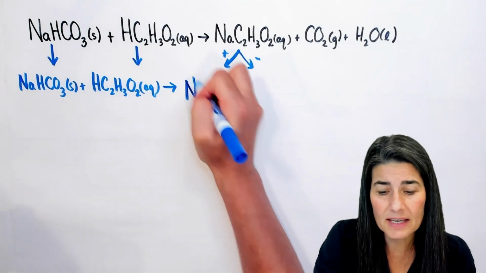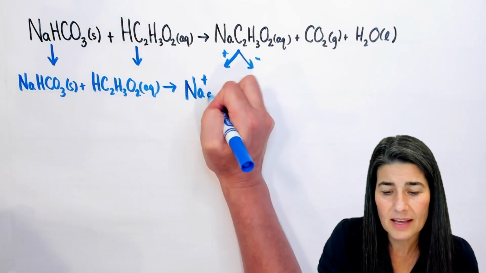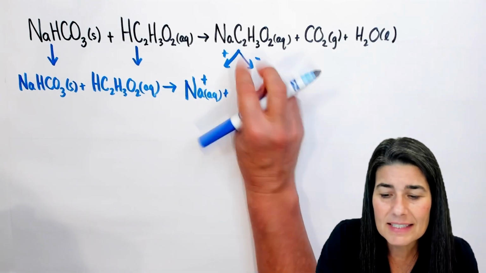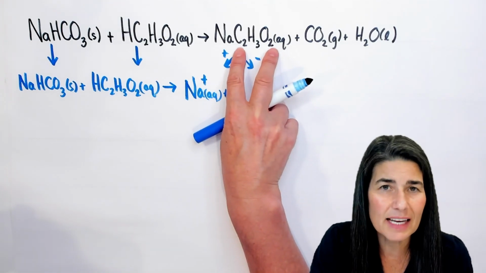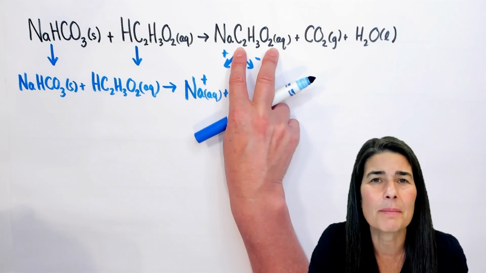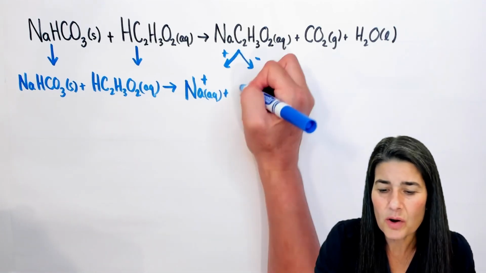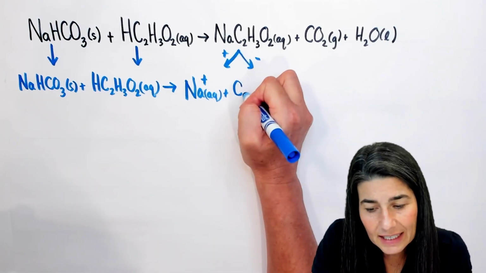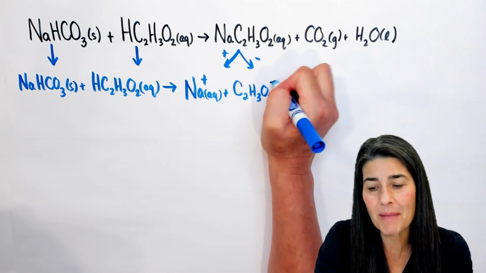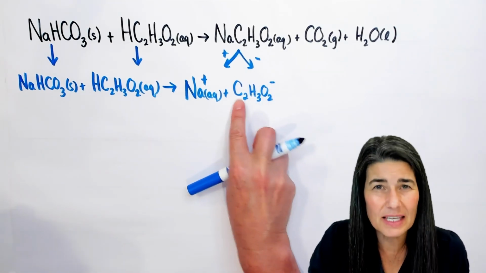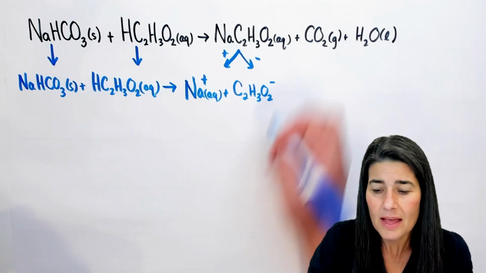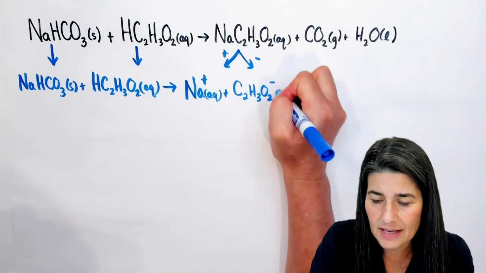The plus piece is the sodium ion in its aqueous state. The minus piece is this entire acetate ion. Don't split that up. Keep the polyatomics together. So we're going to write C2H3O2 with a minus. We keep the C with the H with the O, the entire polyatomic ion together. That is in its aqueous state.